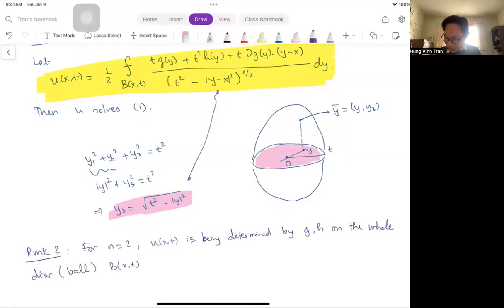So it's determined by the information inside this whole ball instead of only on the sphere. And this is a very important piece of information.